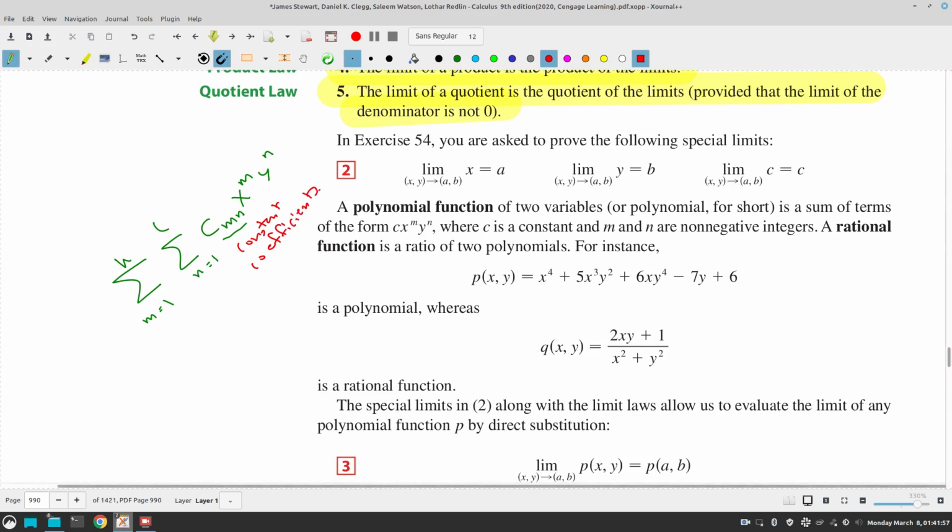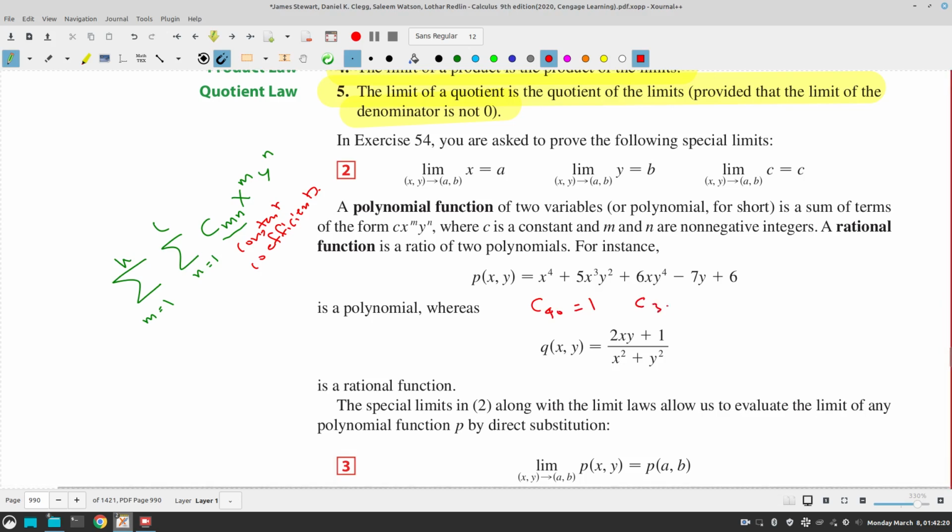Right, so you have terms of this form. These are polynomials. So, for example, this one is a polynomial. In this case, c_40 is equal to 1, c_32 is equal to 5.